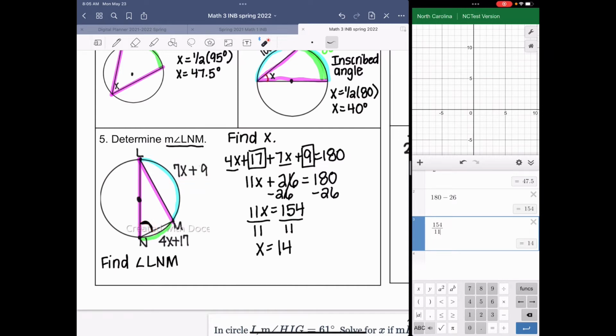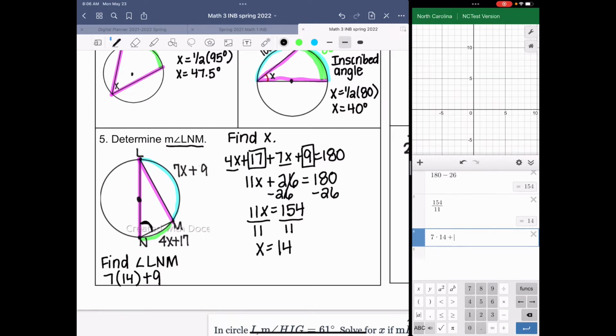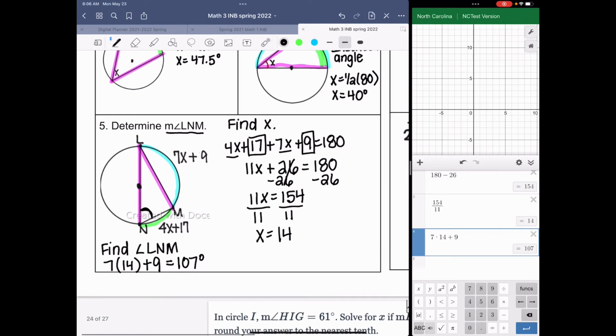Well, I can find that measurement by plugging it in. So we're going to do 7 times 14 plus 9, and we get 107 degrees. So that's the arc measurement. So we know right here that this is equal to 107 degrees.